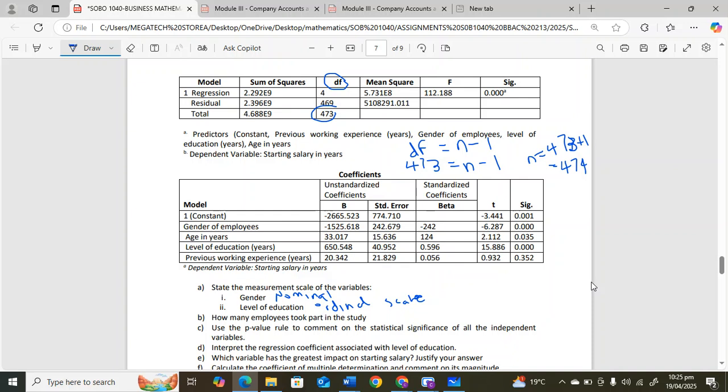It's part of the formula for degree of freedom. Can we try and find the value of n?